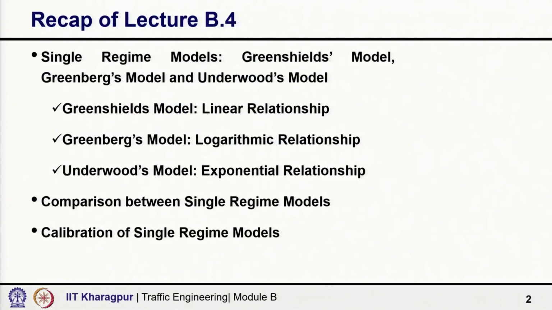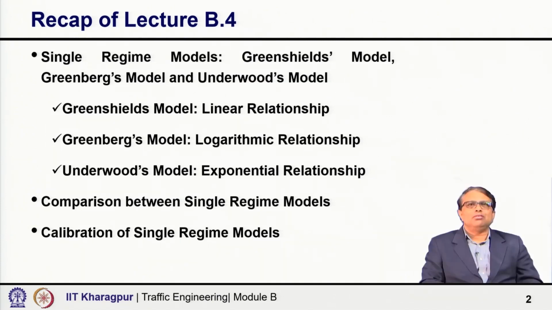In Lecture 4, I discussed single regime models, particularly three models: Greenfield's linear model, Greenberg's model and Underwood's model. When I said Greenfield's model is linear, I mean that the speed density model is linear.